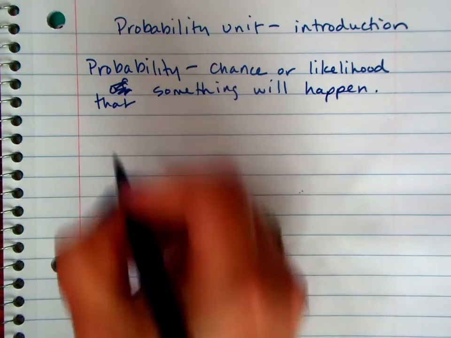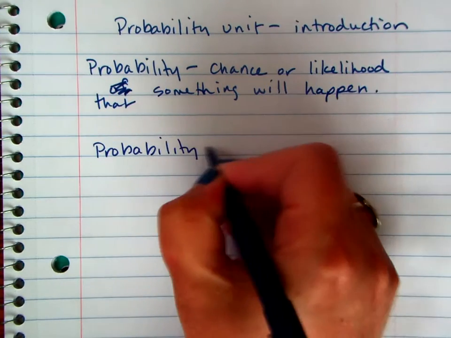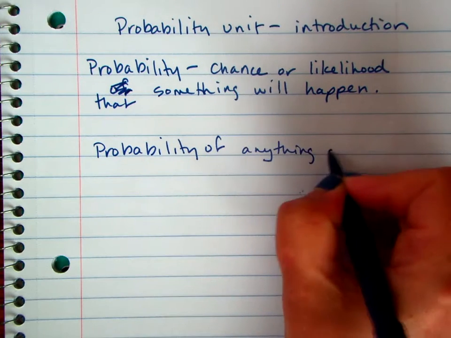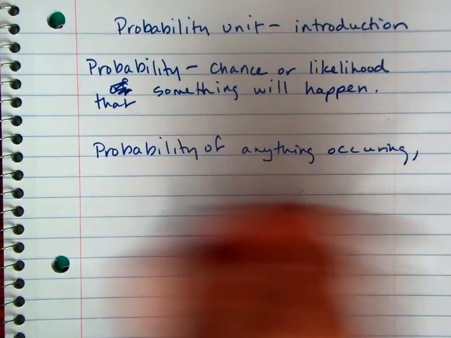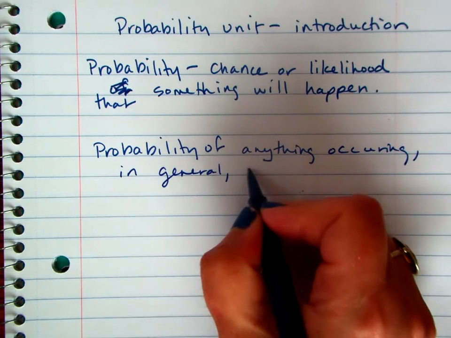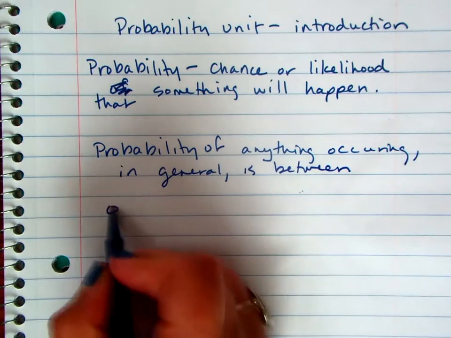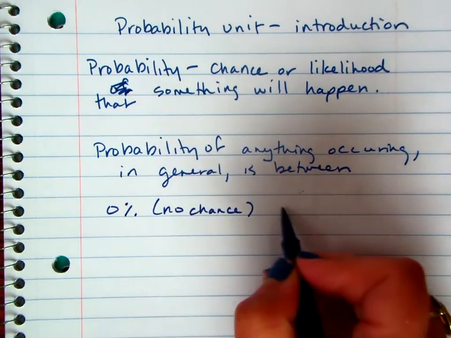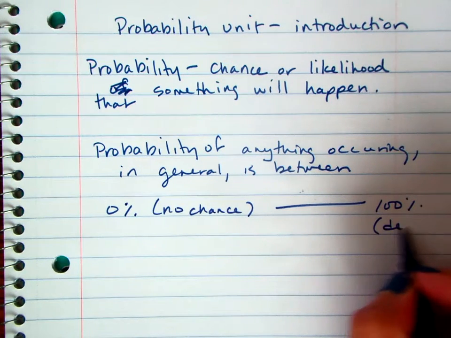And the probability of anything occurring is always going to be between 0 and 1. Or we can think of it as between 0%, or no chance, all the way to 100%, and it's a definite.